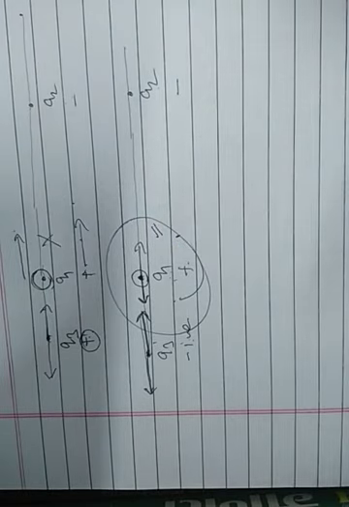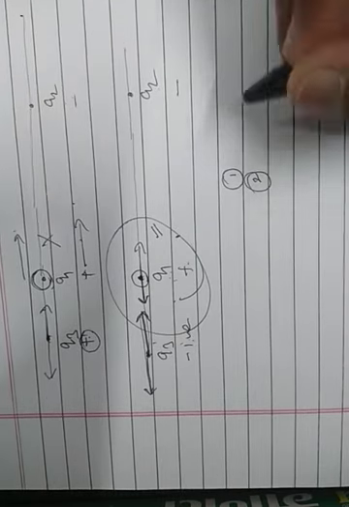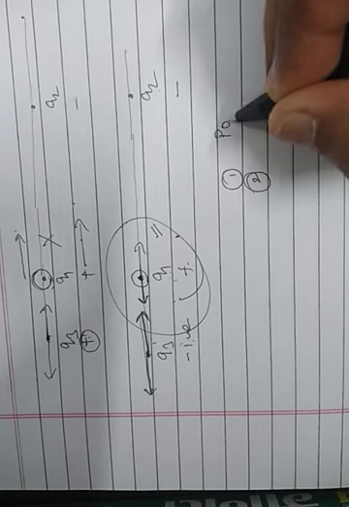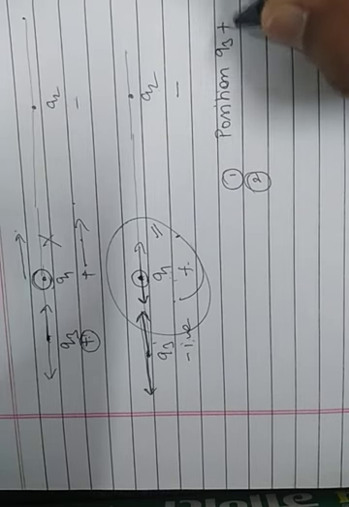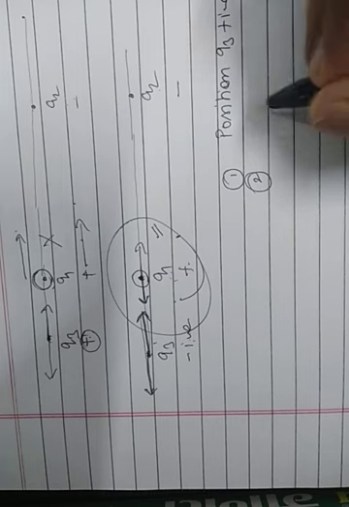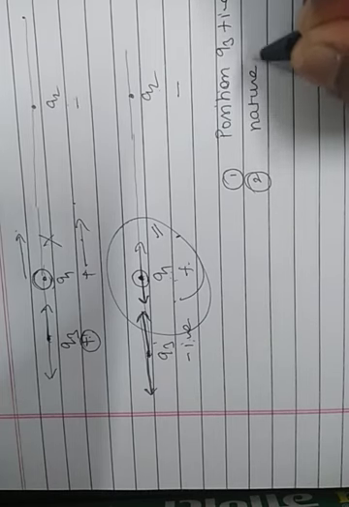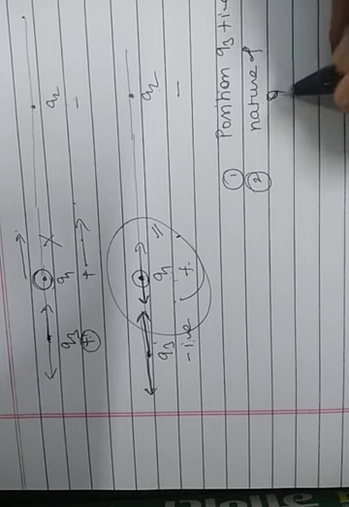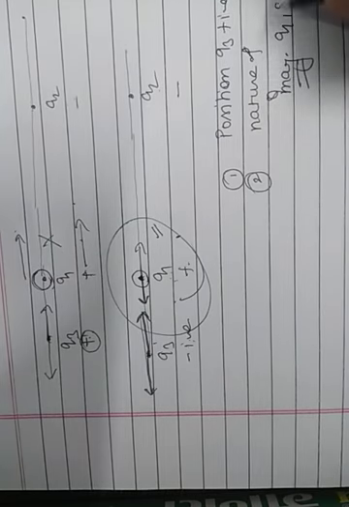So now we can understand how we'll check the nature of the sign and how we'll check the equilibrium. Remember one concept: to find position, consider Q3 as positive, and to find its nature and magnitude, consider equilibrium of either Q1 or Q2.